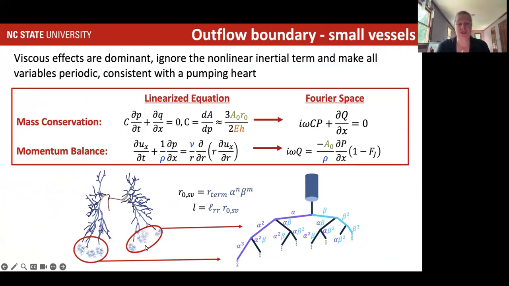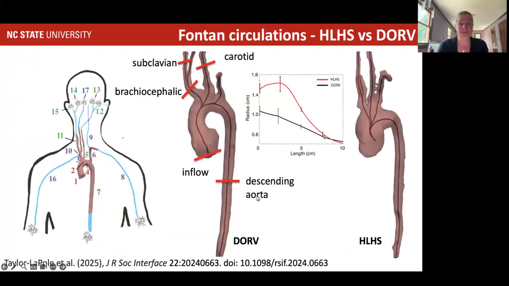In the small vessels, we assume that viscosity dominates the flow, so we can get rid of the nonlinear term in the momentum balance equation, and we get a linearized equation that we can solve analytically or semi-analytically. And so that provides us with an impedance that is used at the boundary of our network.